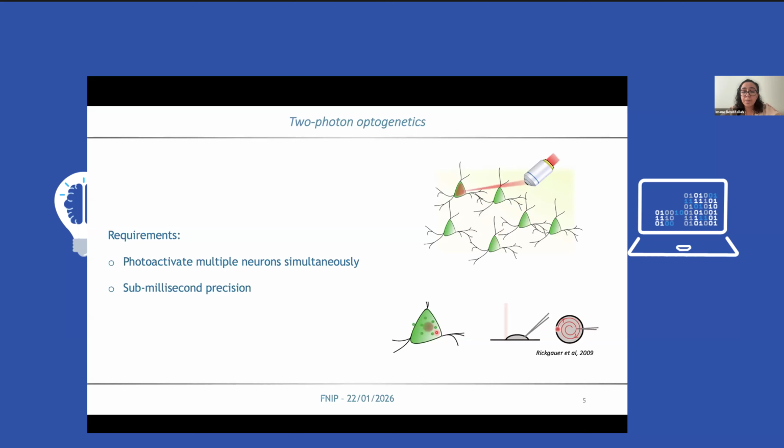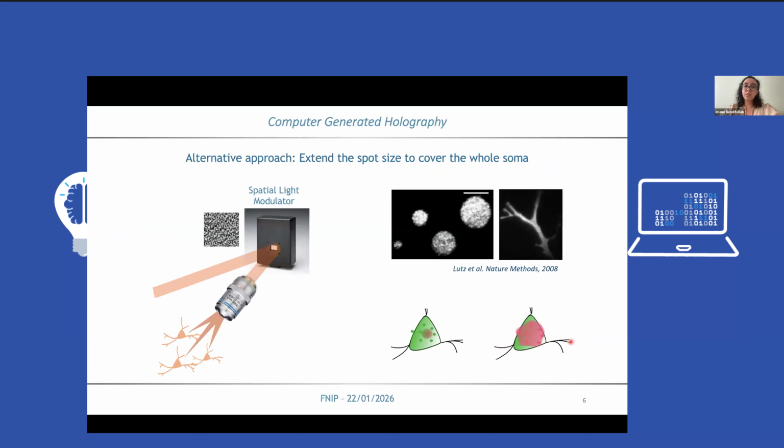And also, the conventional two-photon spot is too tiny to activate the whole cell membrane. People have successfully scanned this tiny spot around the cell to activate the cells, but this technique is not as efficient with very fast opsins, which give us the best temporal precision. And so an alternative approach would be to extend the spot size to cover the whole soma.